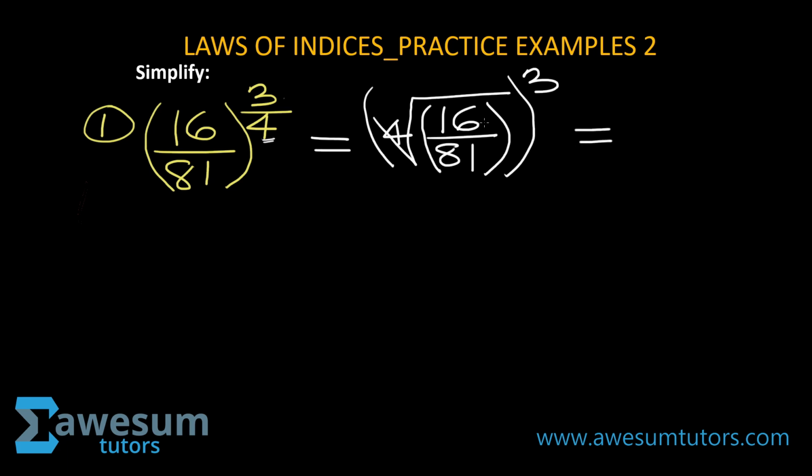What is the fourth root of 16? That means what number will you multiply by itself 4 times to give you 16? That is going to be 2, because if you multiply 2 by 2 by 2 by 2, it's going to give you 16.